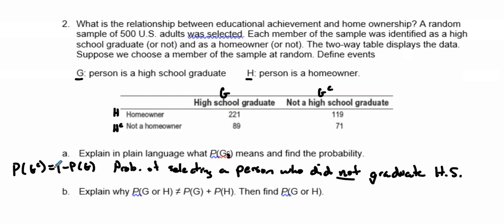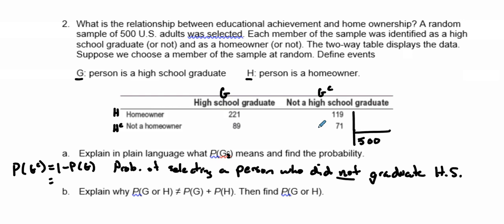If we have this right here, we know this is going to be 500 adults in total. We can also say G complement. We want to figure out the probability of not graduating high school.